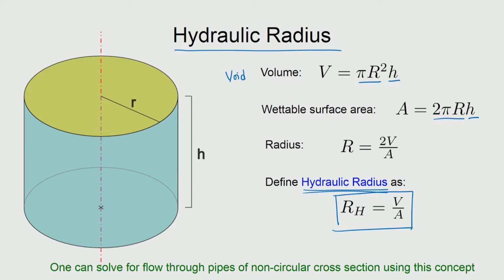We are creating a new variable called hydraulic radius, and we want to define it as the ratio of the void volume over the wettable surface area. Once you have this, then non-circular cross sections of tubes can also be handled, and you could try and see whether the expression that we derived earlier could be applicable when the deviation from the circular cross section is not very much.